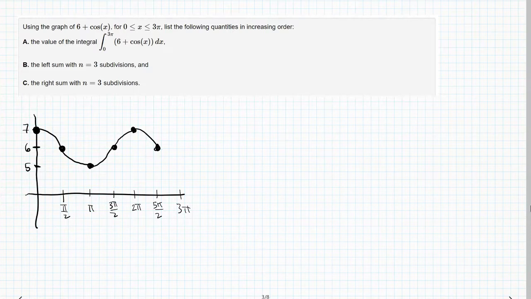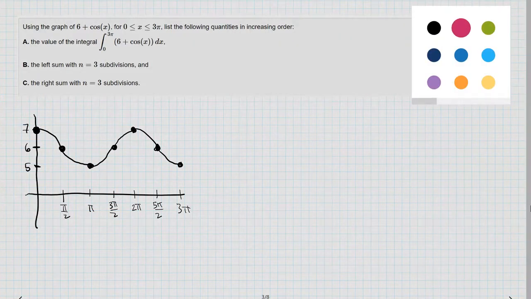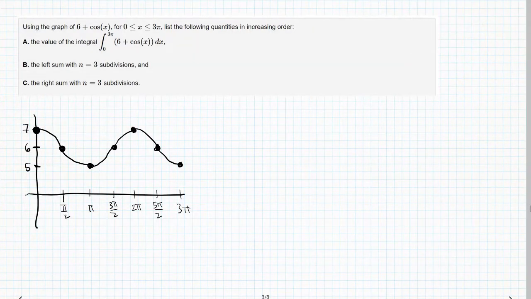And then cosine of 3 pi would be -1, so we get this value. Okay, so now I'm going to start in red, and what we'll do is the left sum with n equals 3 subdivisions. Okay, so if we have 3 subdivisions, notice that goes 3 pi minus 0 divided by 3.